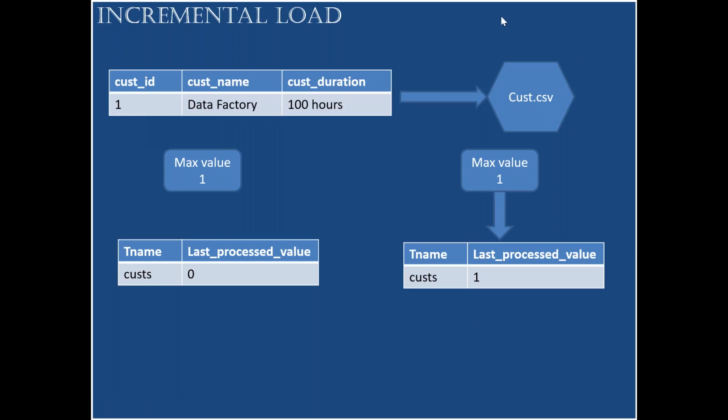Prithvi, tell me what are those 4 steps? First, it will take the max value. Next, it will read the last processed value, whatever we already copied, the watermark value. After that, it will query the table for records greater than the last processed value.